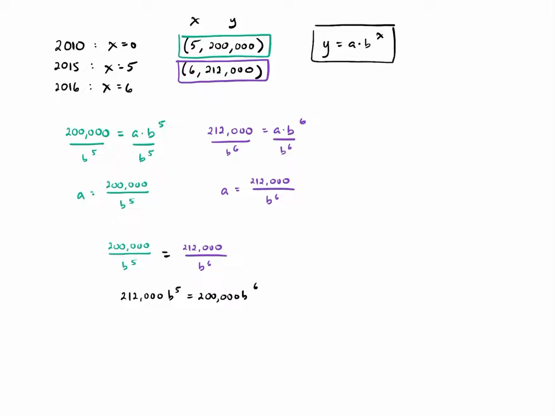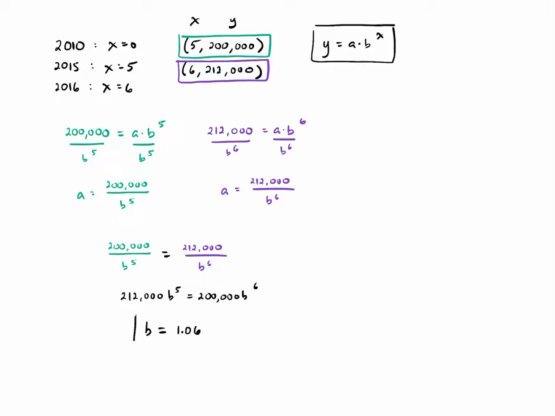If you divide both sides by b to the 5th and divide both sides by 200k, then we find out that b is equal to, hold on, let me grab a calculator, 212,000 divided by 200k. b is going to be 1.06. We just found out b is going to be 1.06.